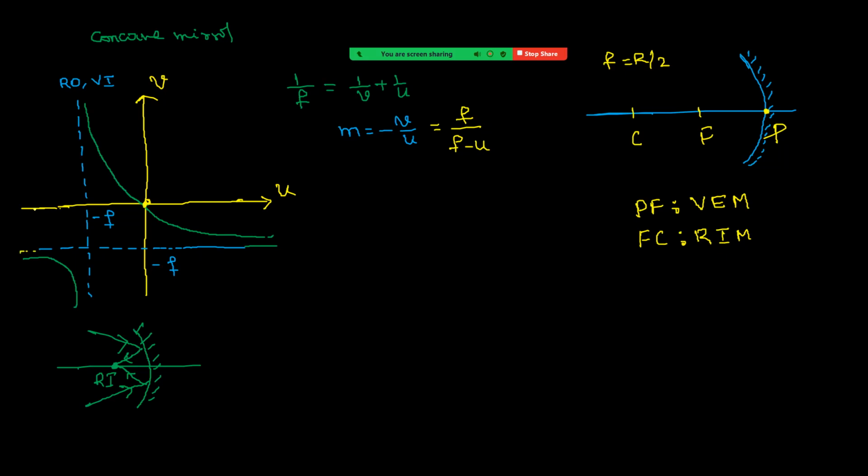When U tends towards minus infinity, V tends to minus F. That means the image size is now less than one. I am writing in between, or you can say beyond center of curvature. It is beyond center of curvature. See carefully.